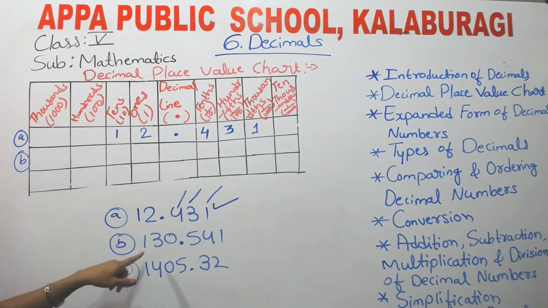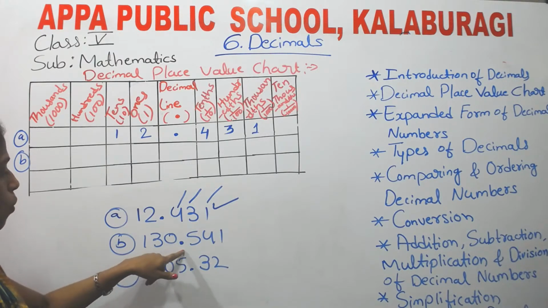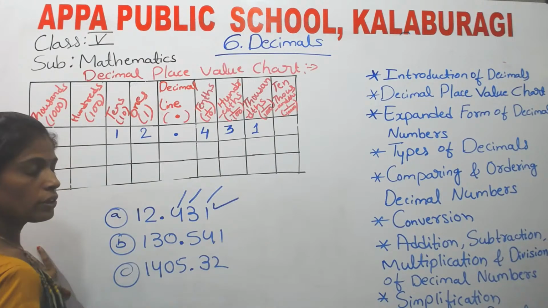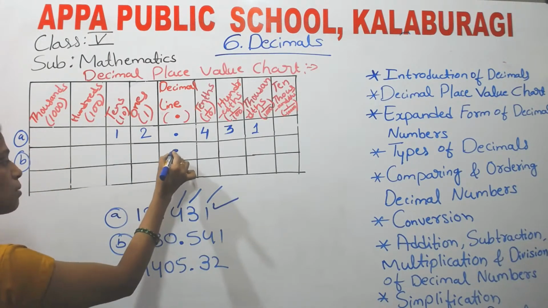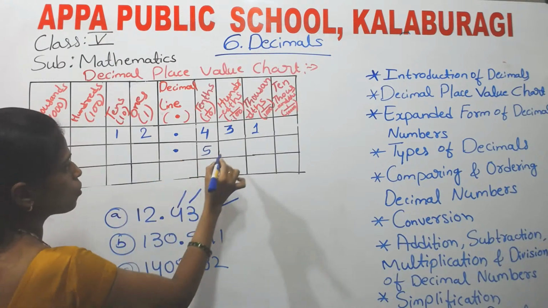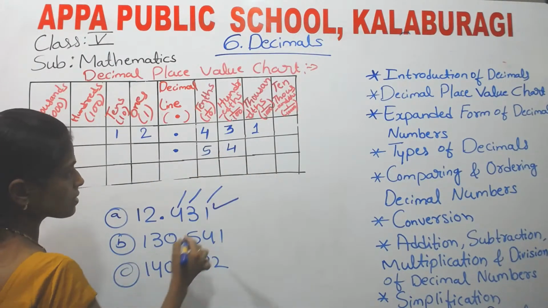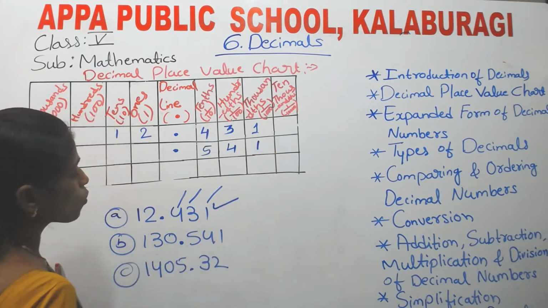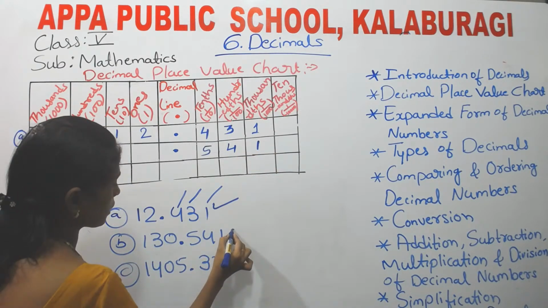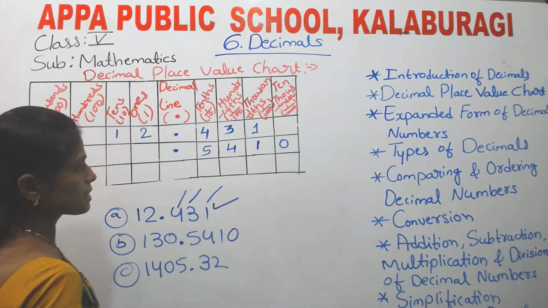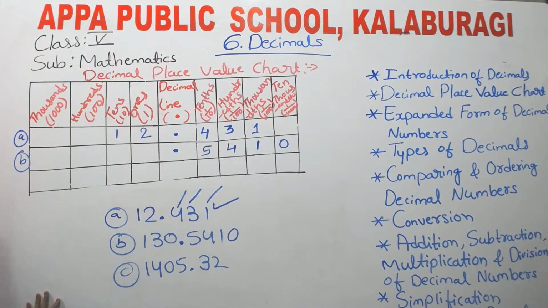B. B means 130.541. Here also 3 digits on the left and here also 3 digits. After the decimal point, 3 numbers are there. Now 5 is in tens place, 4 is in hundreds place, and 1 is in thousands place, or you can take another one, or write 0 in ten-thousands place.